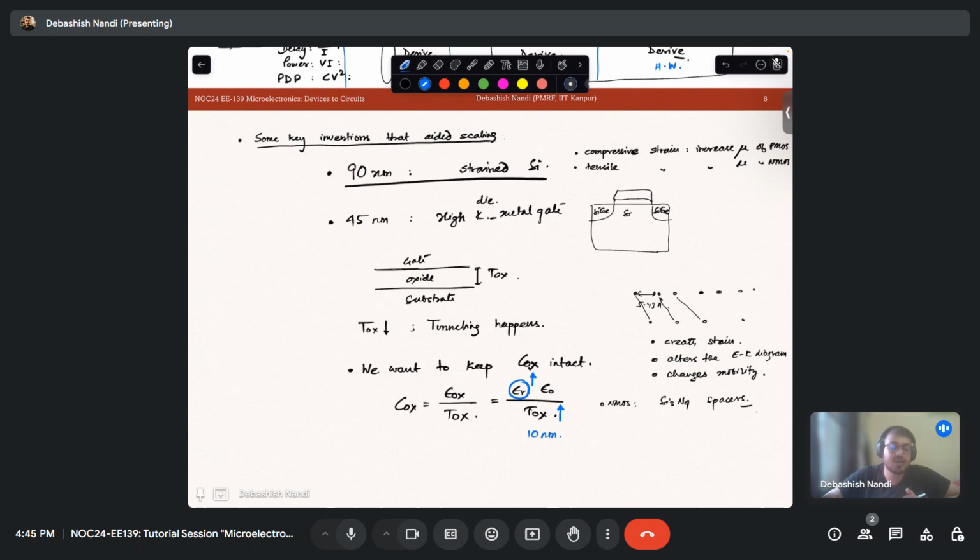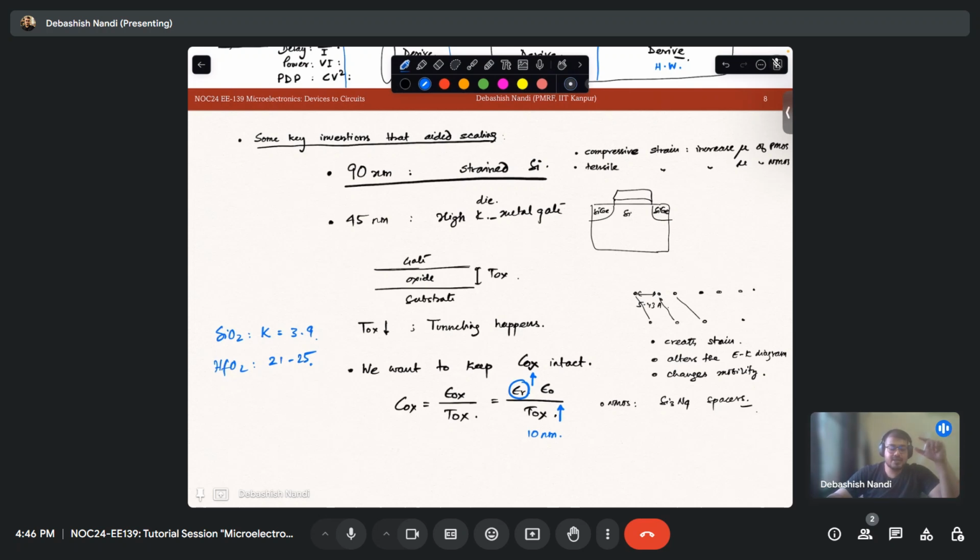For example, not your SiO2. SiO2 has a dielectric constant of what? 3.9, right? You can use, let's say, HfO2, which has a 21 to 25 dielectric constant. So you get a better oxide while not compromising on the Tox or the oxide thickness.